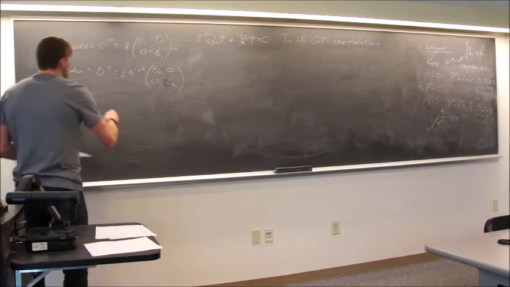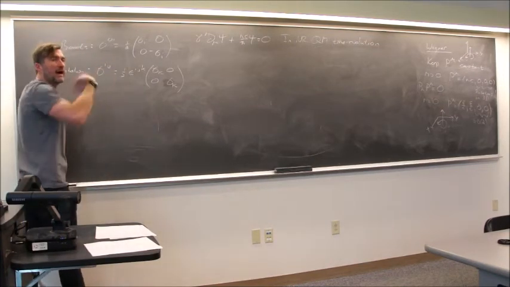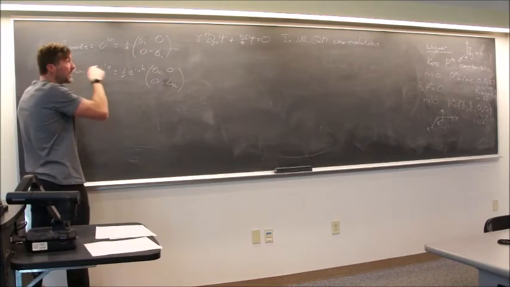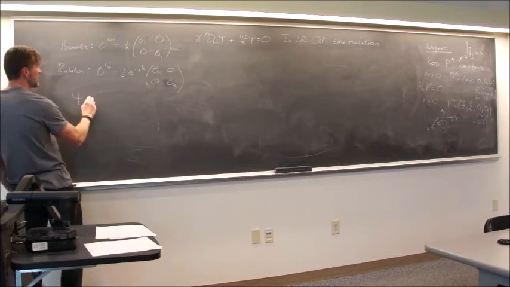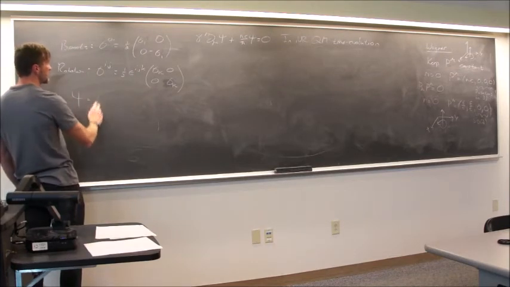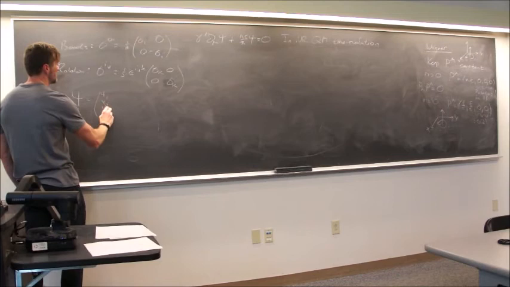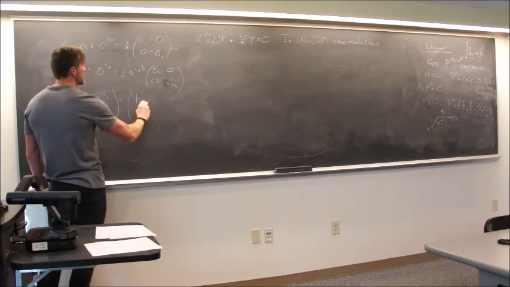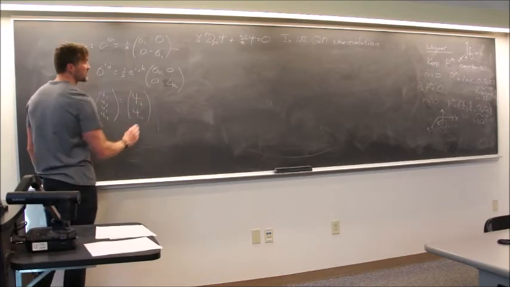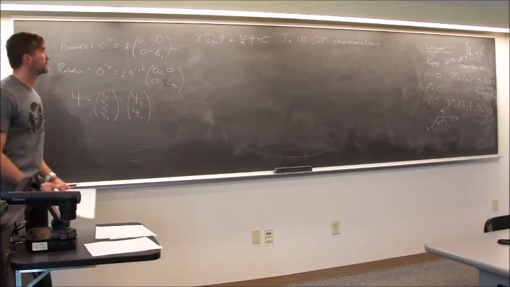So, in thinking about how things transform under boosts and rotations, we can already see that it would be useful to take our 4-component spinor and think of it instead as two 2-component spinors, which I'll just call plus and minus.